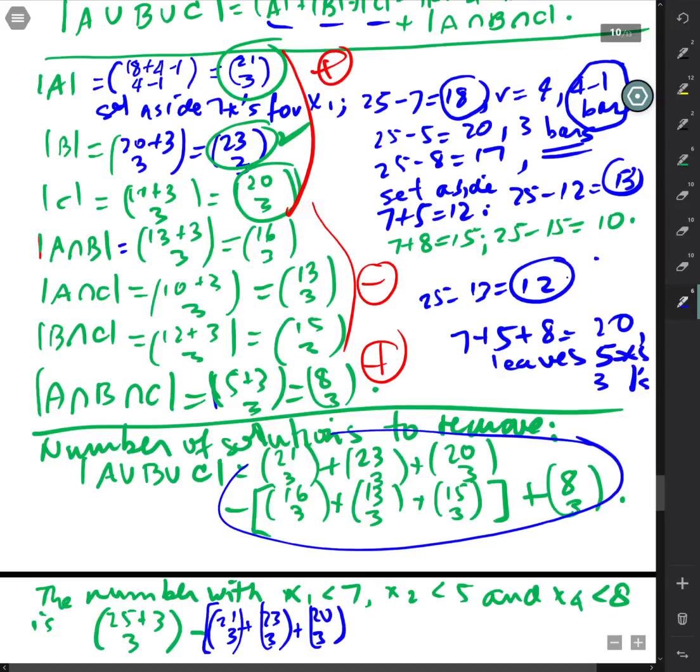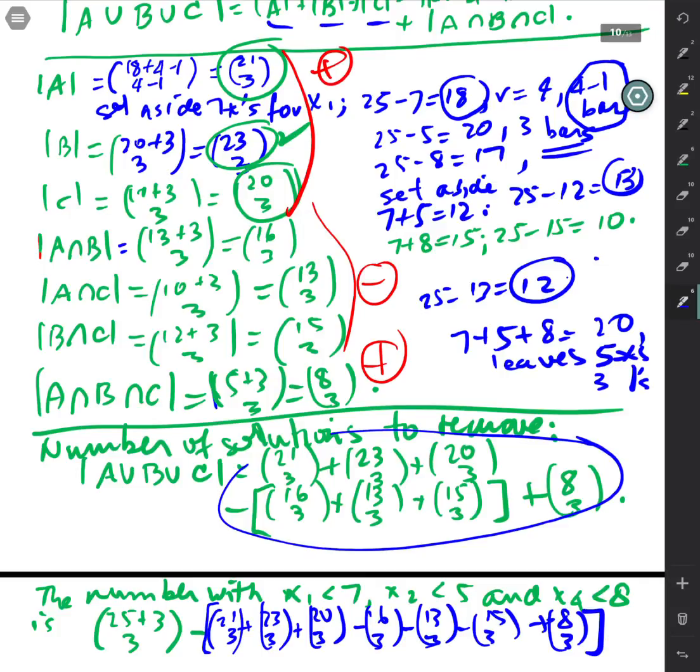And then the minuses here, minus 16, choose 3, minus 13, choose 3, minus 15, choose 3, plus 8, choose 3. And I'm not going to try to calculate that. The point here is to illustrate how inclusion-exclusion works, and do it in the context of an interesting example, one that uses stars and bars at the same time.